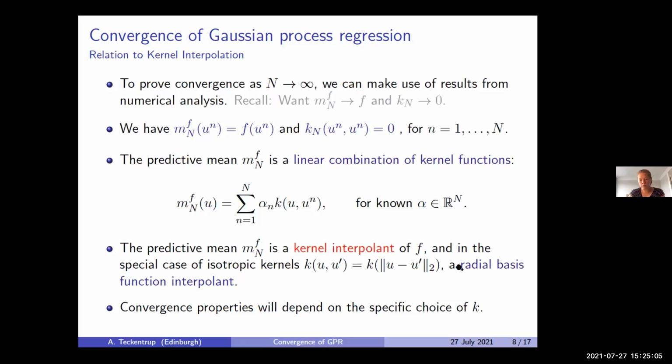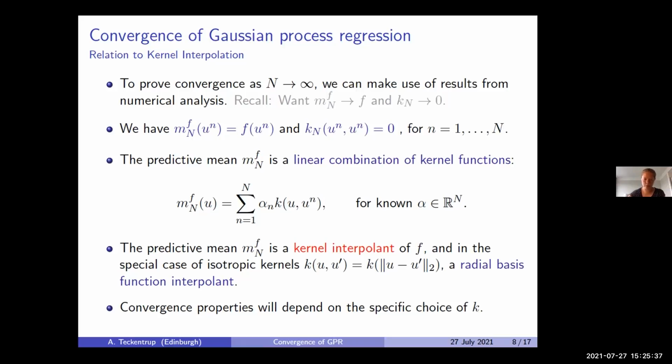Now you can already see where the convergence estimates and the error bounds would come from. We know that we're essentially just doing interpolation in a particular set of basis functions. So what kind of rates and convergence properties we get will depend on the specific choice of prior, on the specific choice of k, because k is what acts as the basis functions in this interpolation.